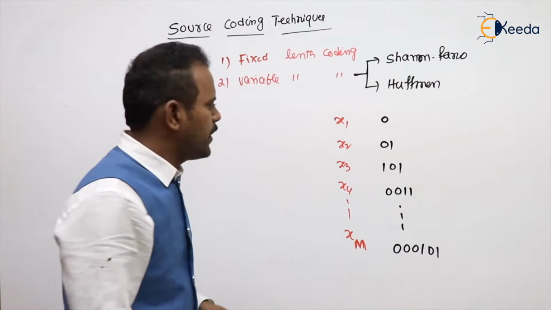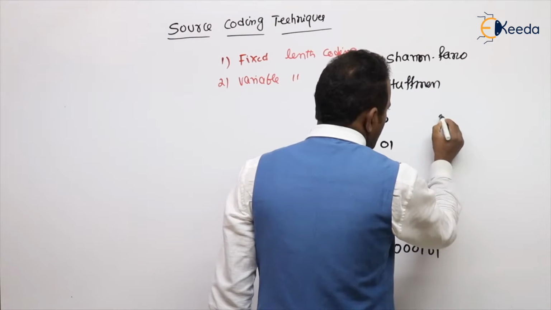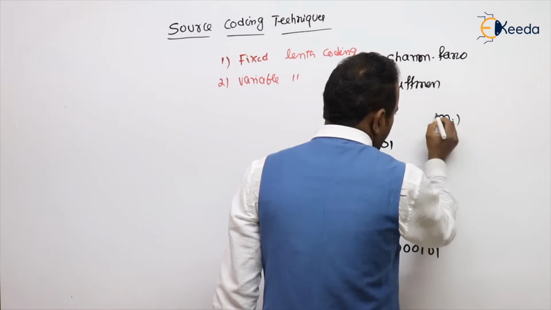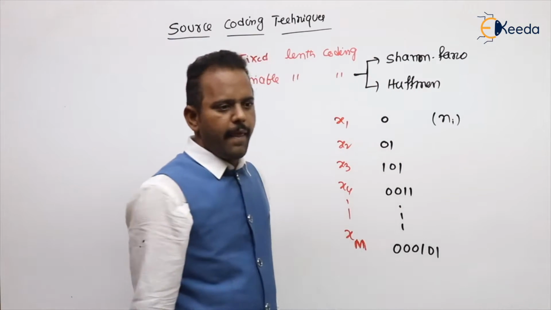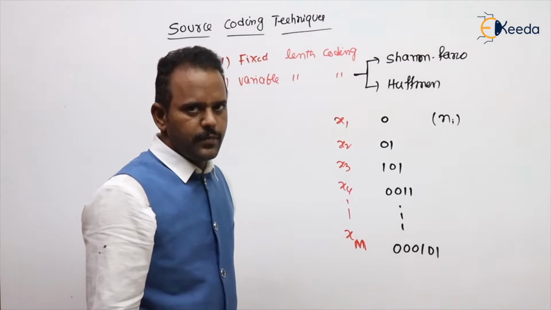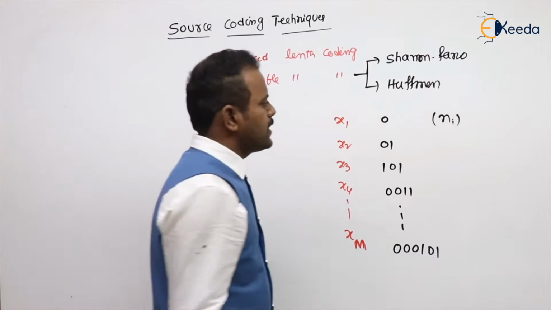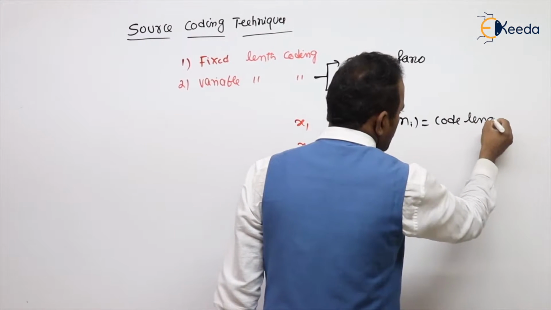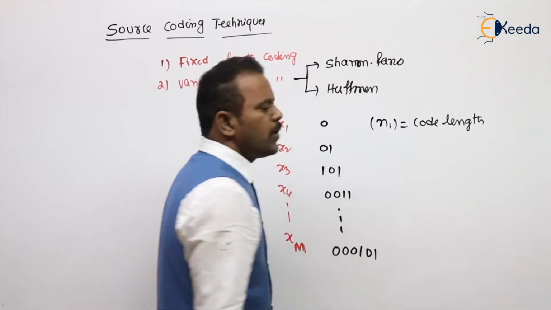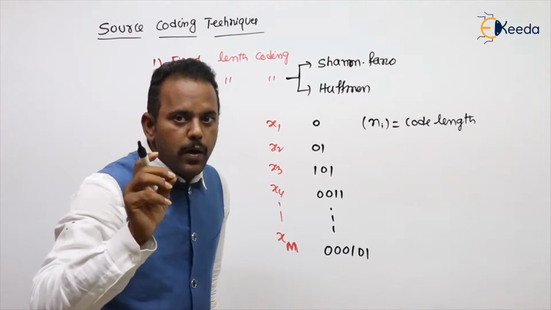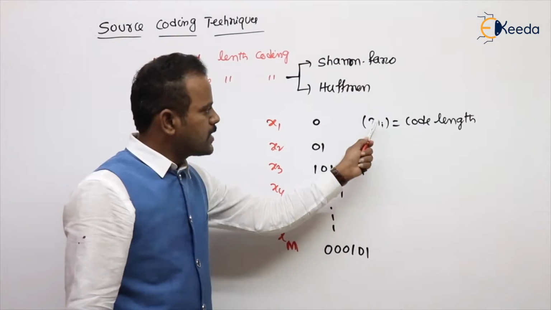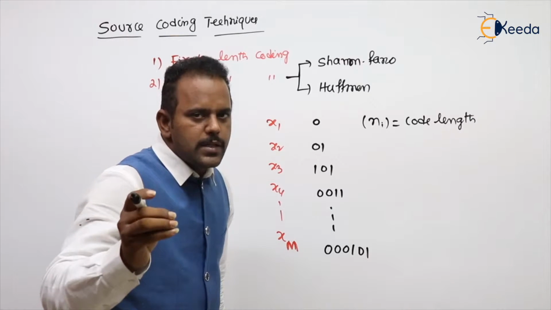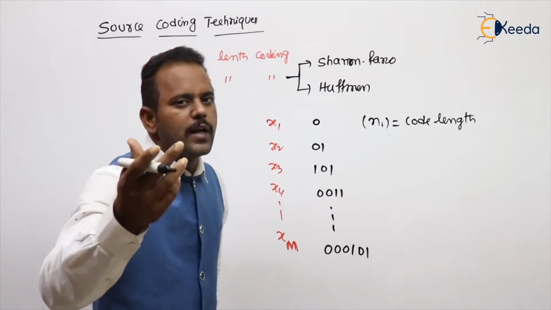The first point you need to understand is n, or ni for the ith symbol. What is n called? The code length. What is the meaning of code length, students?